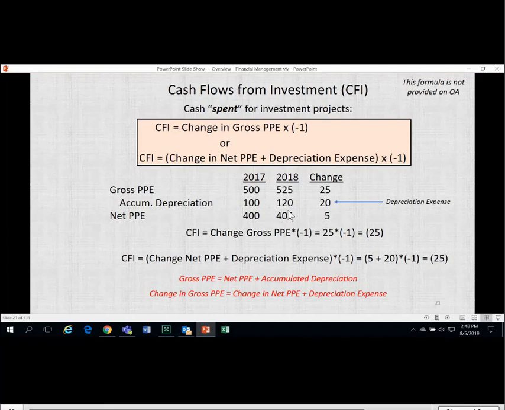So it increased by 20. In other words, depreciation expense in 2018 was $20. So we're going to take the change in net plus the change in accumulated depreciation, or depreciation expense, and we find out it's $25. Of course, it's cash outflow, so it's a negative number.